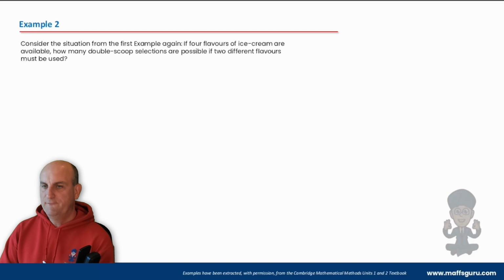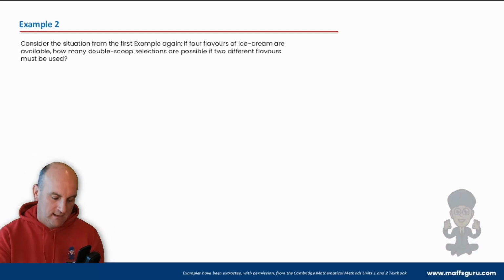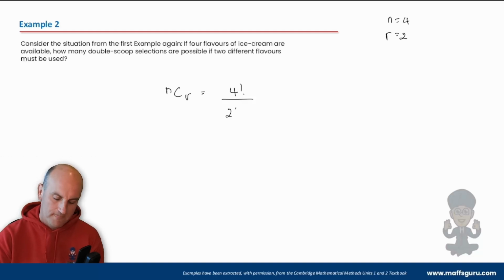Right, what about if 4 flavors of ice cream are available? How many double scoop selections are there? So we've got r equal to 2, and n equal to 4. So nCr is going to be n factorial divided by (n minus r) factorial, and then r factorial. And again, 4, 2, and 2 add together.